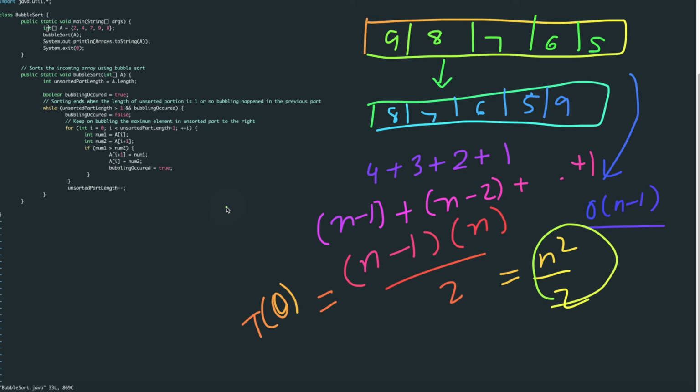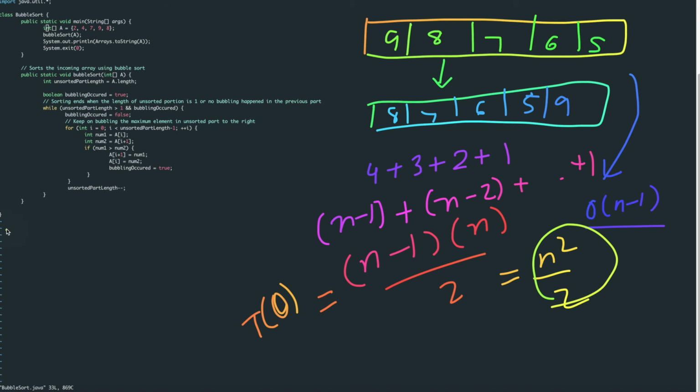What happens in an average case? For each scan, we still need to go through till the end of the unsorted part, but the scanning will stop somewhere in between.